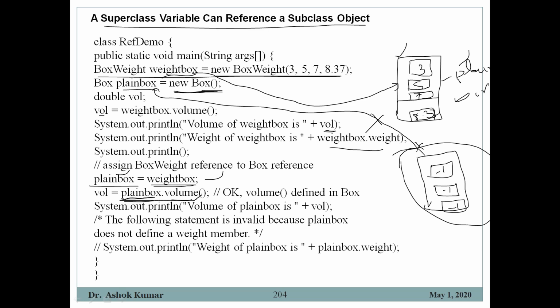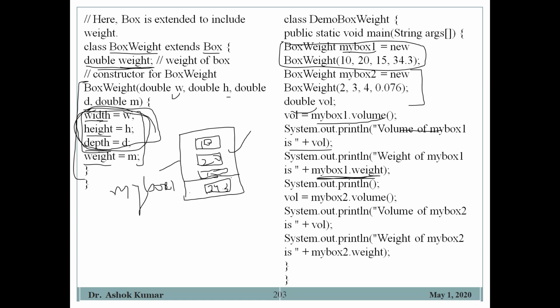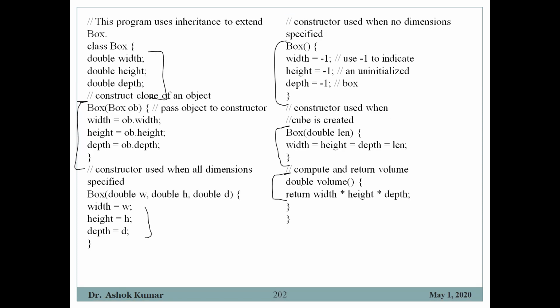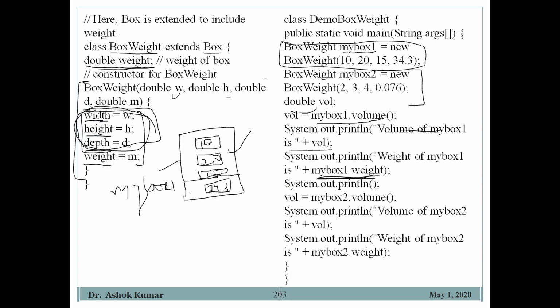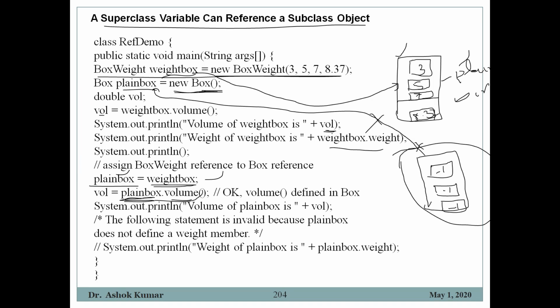So this plain box dot volume will call the superclass method. So it will call this method that got inherited into this class, and it will give you the product of the three members of the superclass. So you will get the product of 3, 5 and 7 again over here, and this will print that.